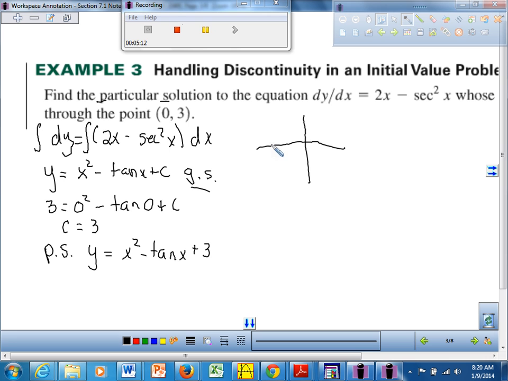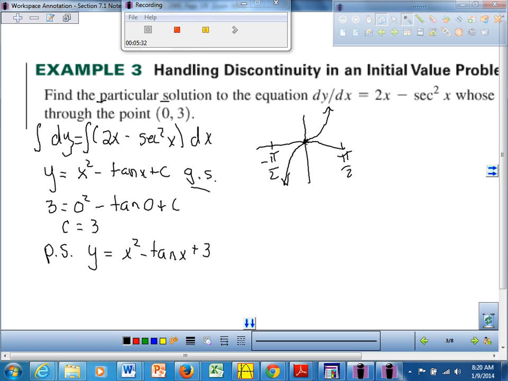Generally for the first one, we see negative pi over 2 and pi over 2. That's what our tangent looks like.